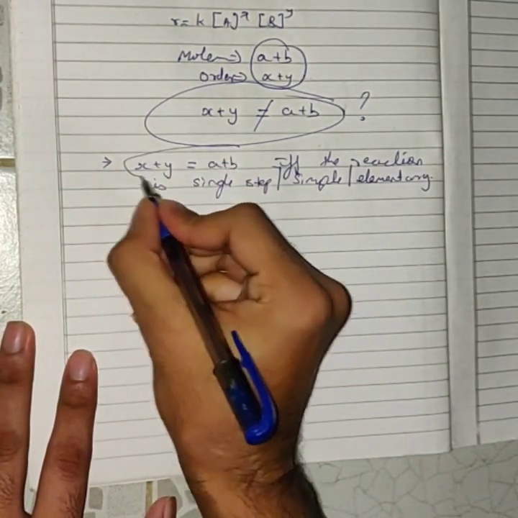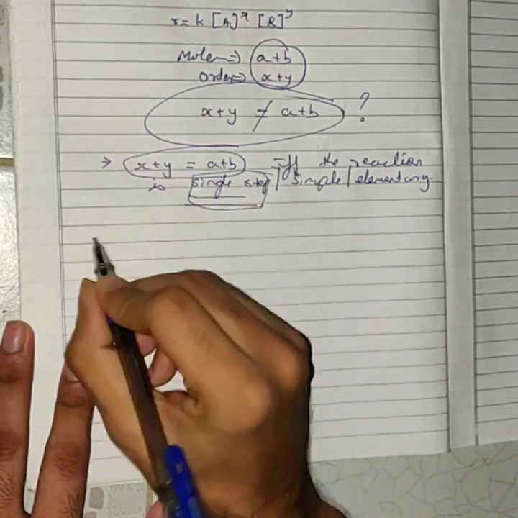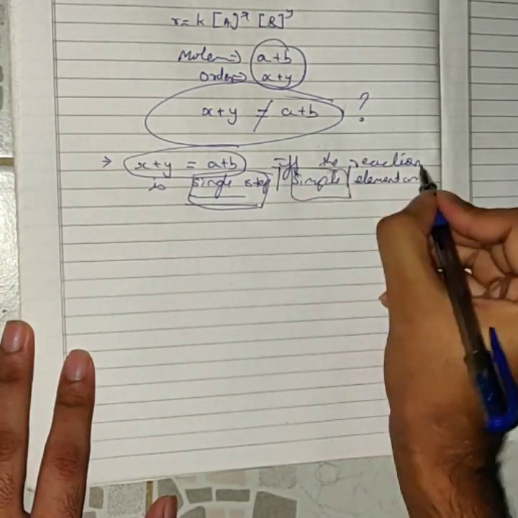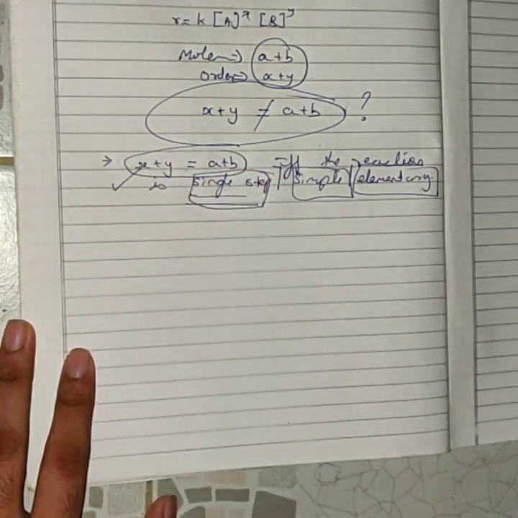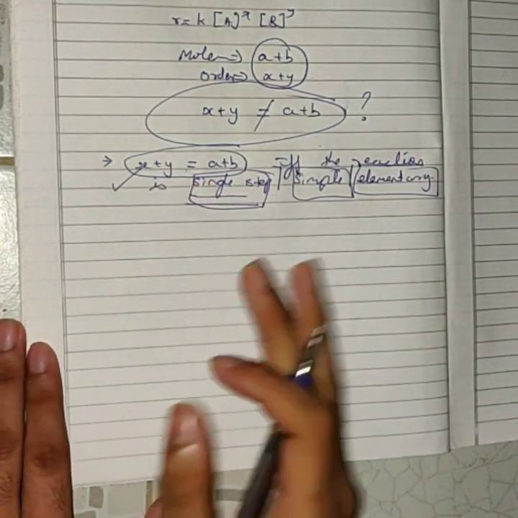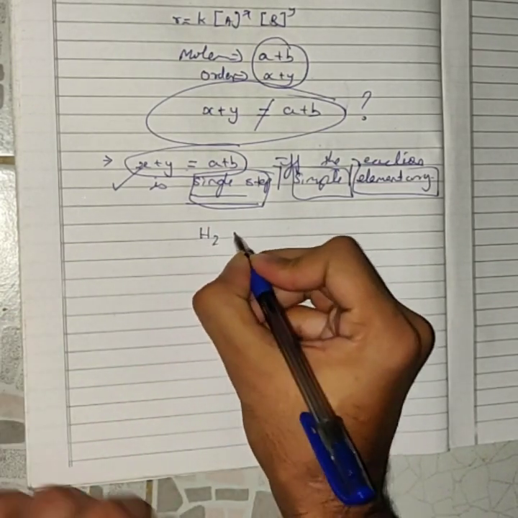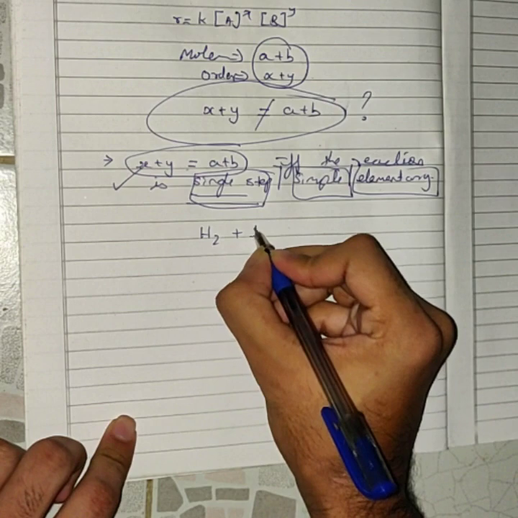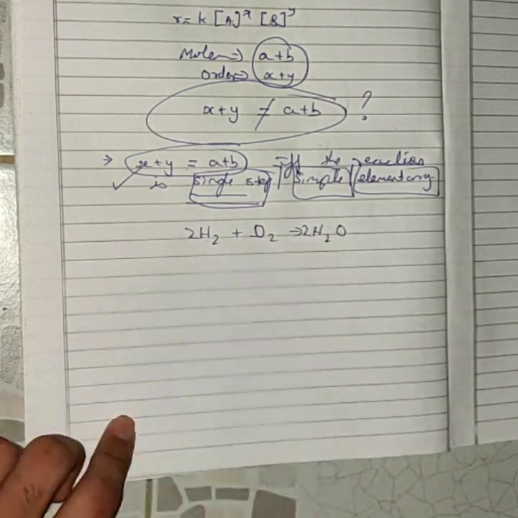Okay, so this is it. If they mention that the reaction is single step, simple step, or elementary, then you have to take this condition, that is x plus y is equal to a plus b. For example, H2 plus O2 gives H2O, and to balance we write 2 here and 2 here, right?